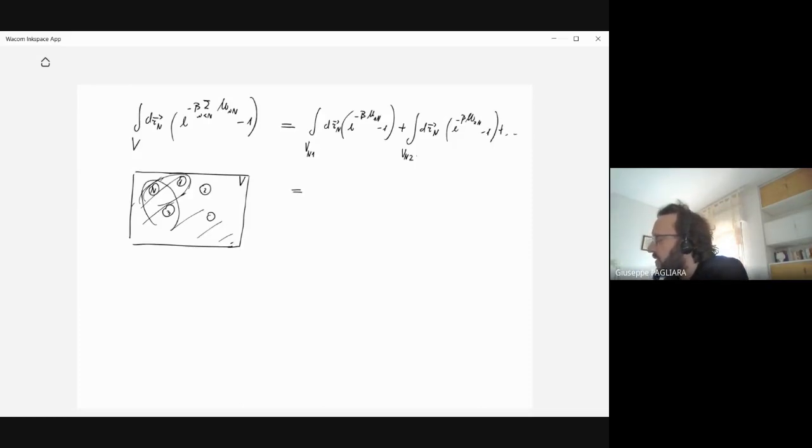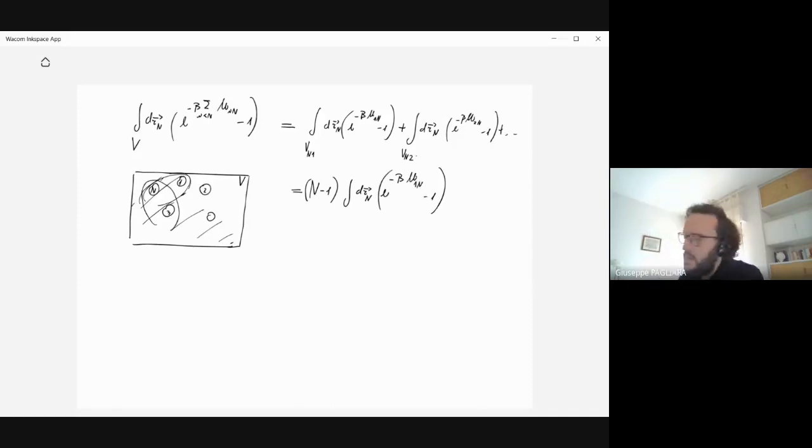And actually, this integral will be n minus 1, which is all the possible ways to combine particle n with the n minus 1 particles, times the integral of dr_n of, for instance, the interaction between particle n and particle 1, but in this case, actually, this is not important: e to the minus beta u_1n minus 1, okay?